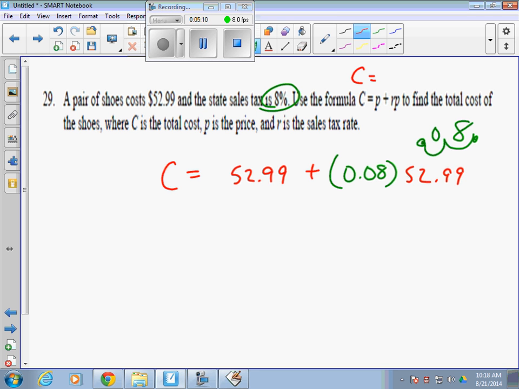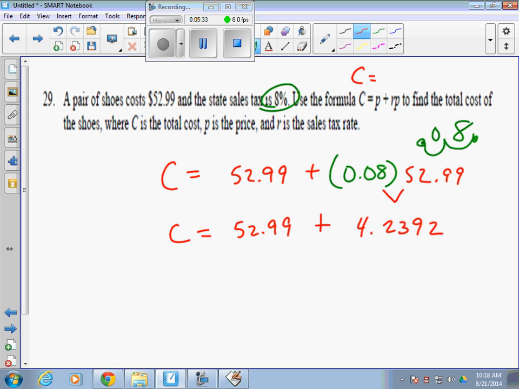When you put that multiplication together there, you get $4.2392. You get that long number right there. Again, you know that numbers, especially when it comes to money, don't go past the hundredths place. But we'll add that whole number back to 52.99 to get the cost, and then we'll round at the end.